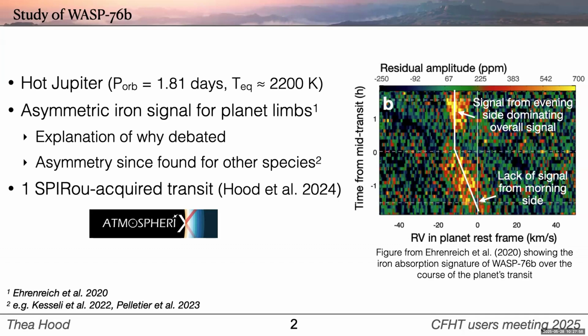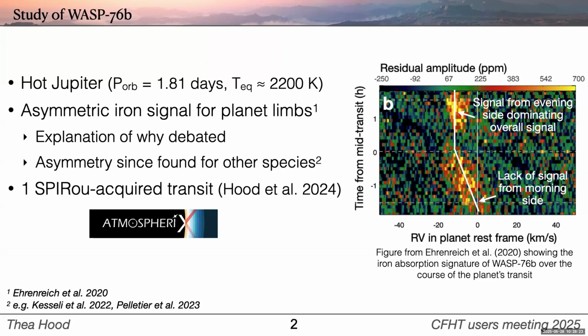The explanation of this lack of iron on the morning side is debated, with different reasons put forward: iron condensation, an asymmetry in temperature with the morning side being colder than the evening side, and maybe even the presence of clouds on the morning side.